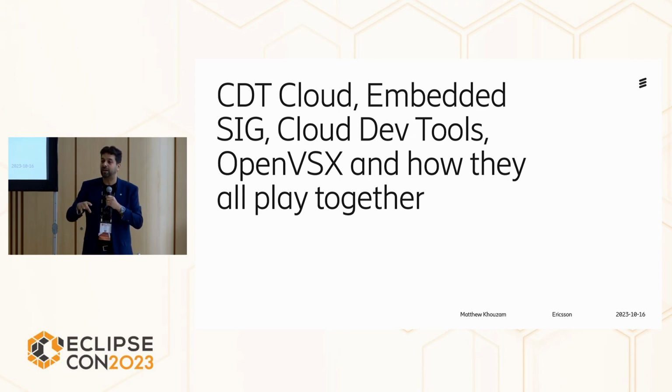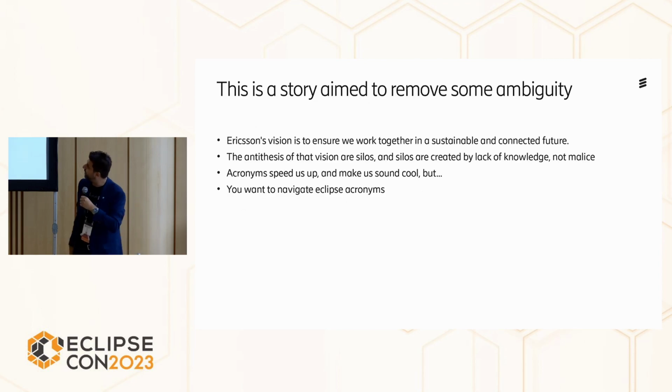But at the very end, I'm going to bring it in with a little bit of a demo of CDT Cloud and one of the latest developments in there, a contribution by Eclipse Source, which made the Trace Compass backend work well on it. So let's get started. As I just said, I want to get rid of some ambiguity.